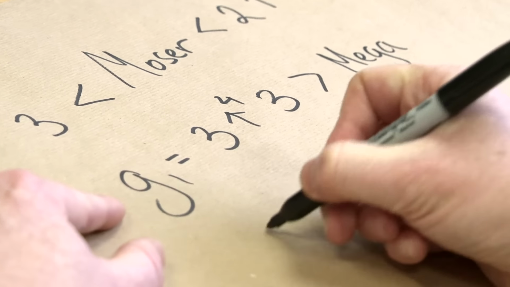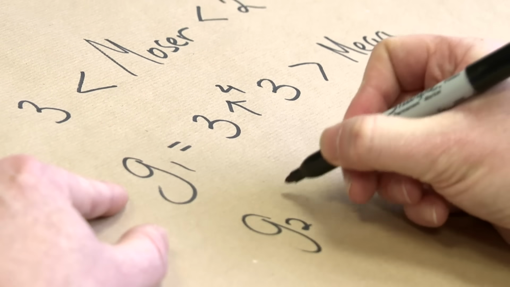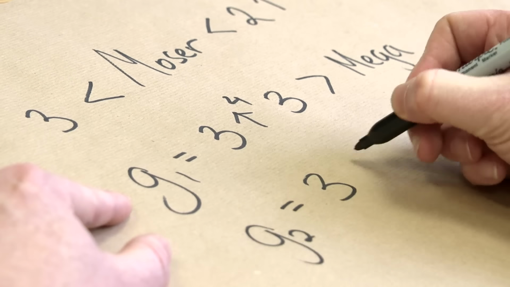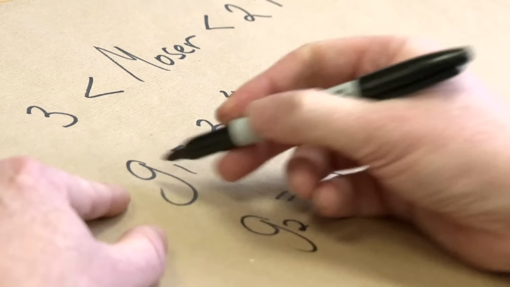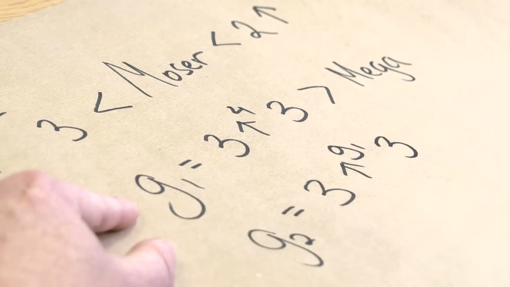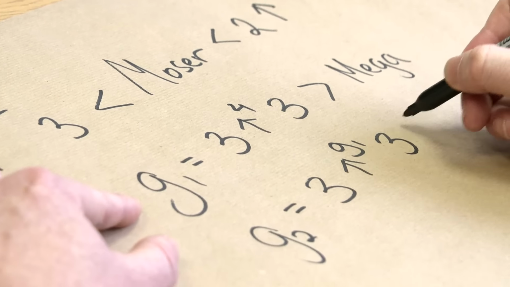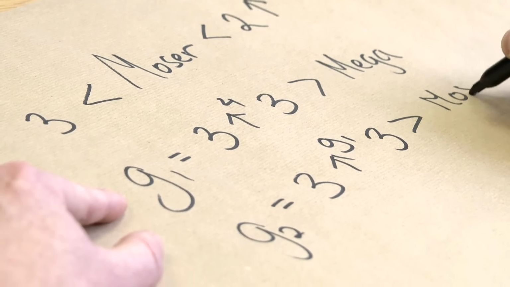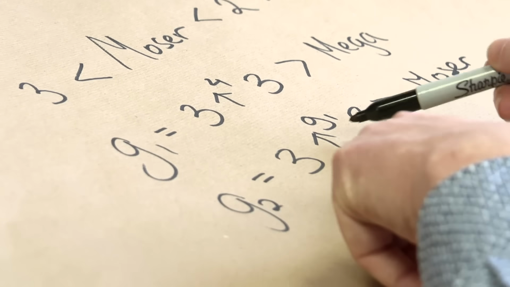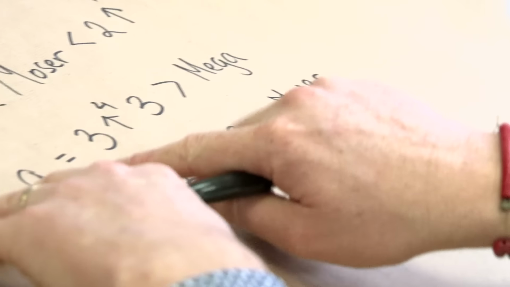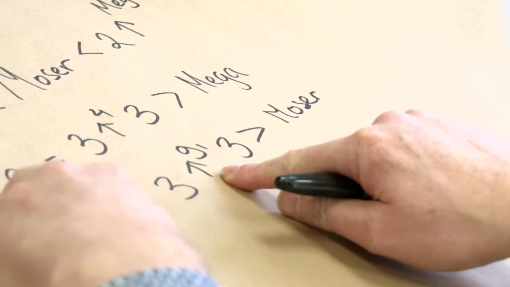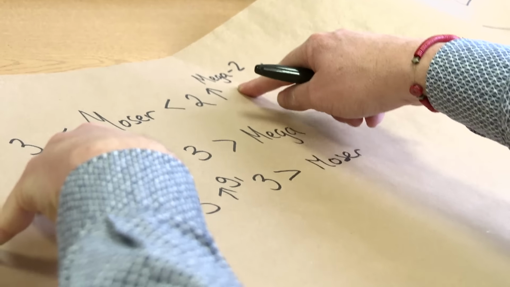Then G2, when you construct Graham's number, is 3, and then the number of arrows becomes this previous number on Graham's ladder, so that is obviously bigger than Moser. The number of arrows just wins. The number of arrows here is G1, and that's bigger than the number of arrows here, which is around a mega.